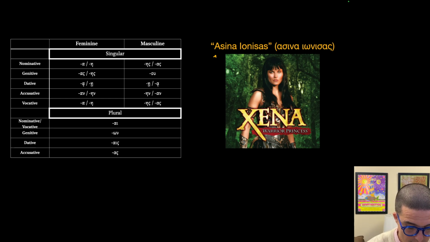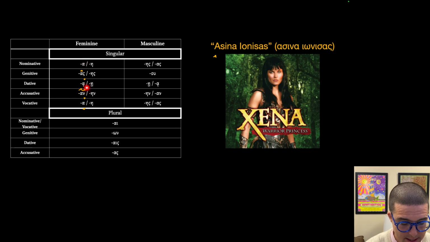So sigma, the iota down there, the nu here, the alpha here for the vocative. And again, sometimes this vocative will not have its own line in the paradigm, so you have to keep that in mind.